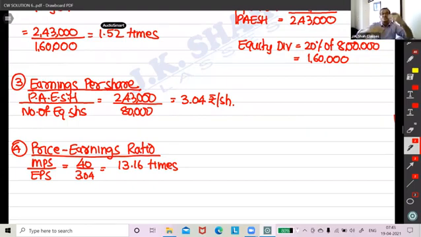How many times of earning per share we will have to pay to buy this share? See right now also, 40 rupees is the market price. You buy that share for 40 rupees. That share will earn 3.04 rupees for you. So 13.16 times of the earning per share you'll have to pay so that you will buy this share.